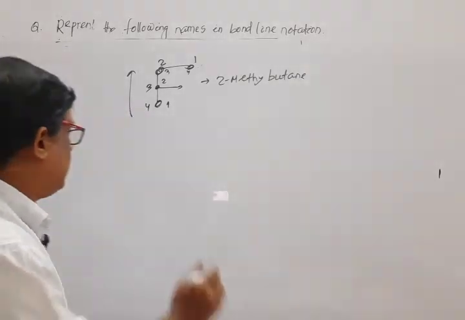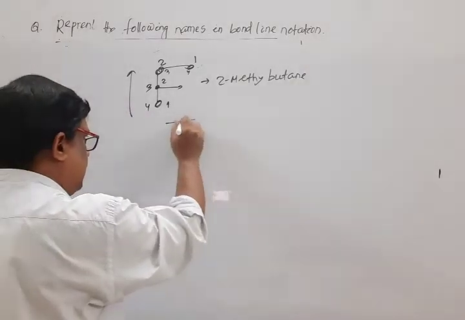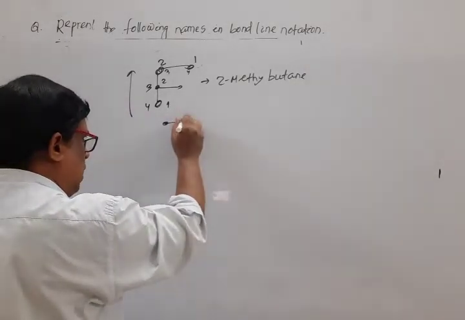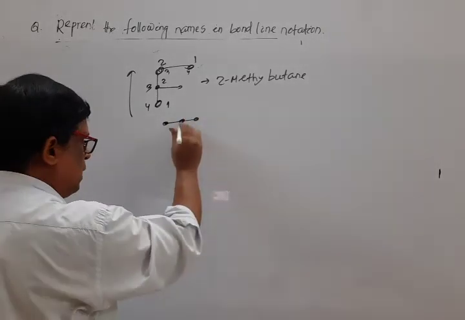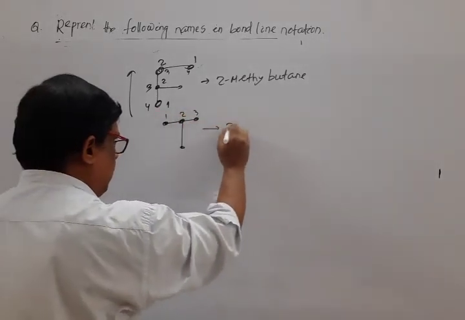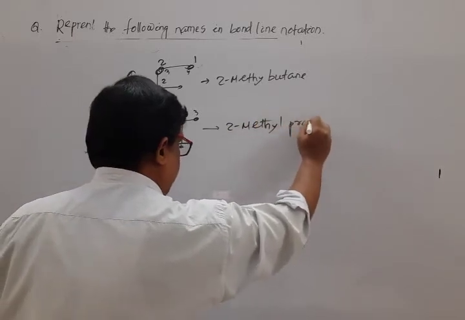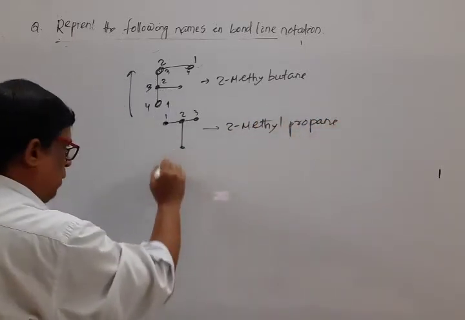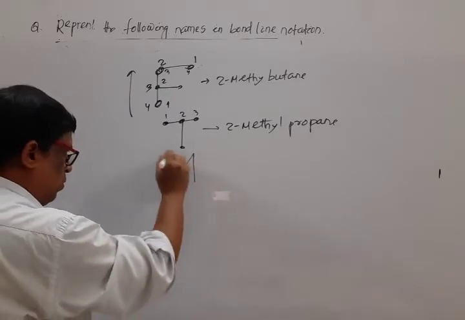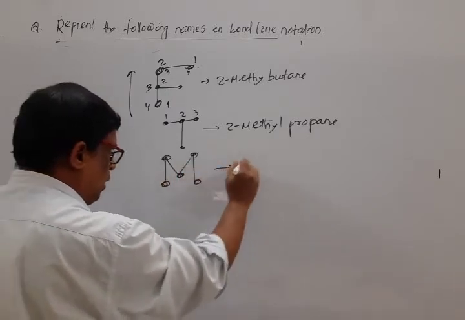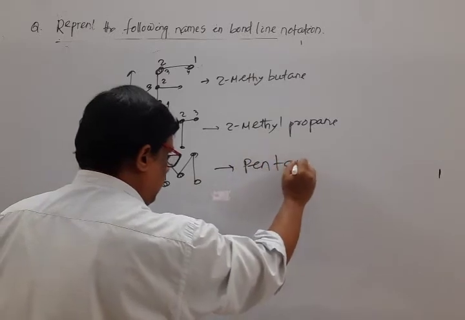Okay. Next one. If T is there, the T alphabet, then 1, 2, 3 with 1 branching. Its name is 2-methyl propane. If M is there, 1, 2, 3, 4, 5, it is pentane.